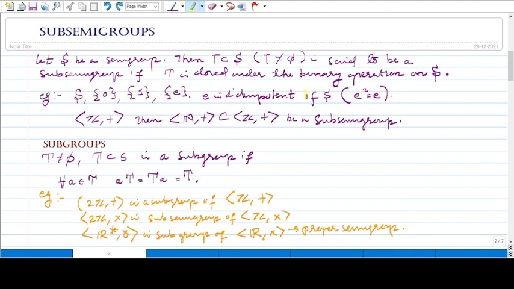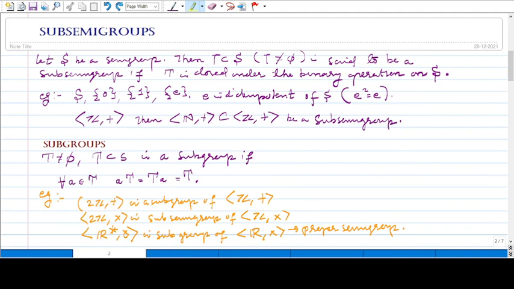So these are the four worthy mentioning subsemigroups. And for another example, if you look at the integers using addition, it's actually a group. Anyway, N plus is not a subgroup, but it is a subsemigroup of that particular semigroup.